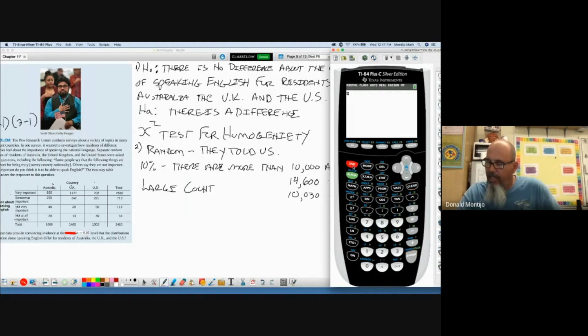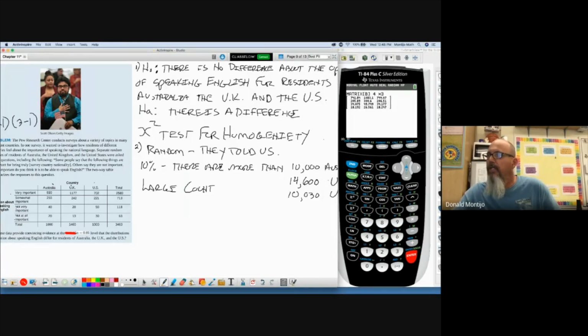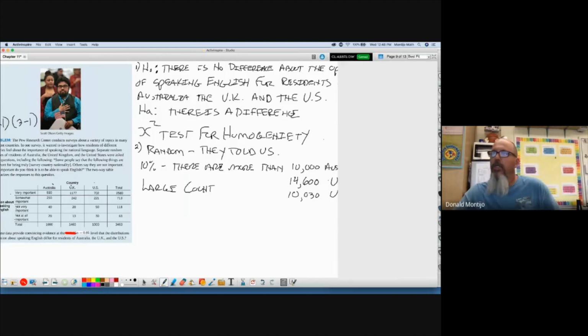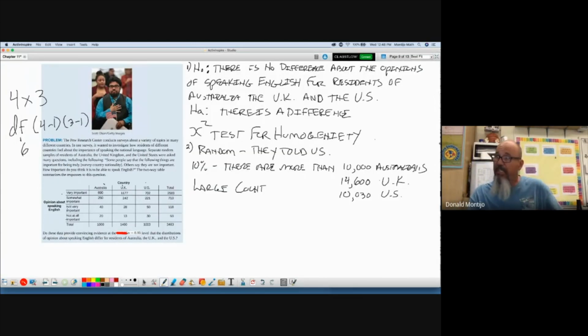So let's go back to matrix, edit, and let's go down to B and hit enter. That's all of my expected counts. Yeah, all of them are much larger than 5. So I'm fine there. So I can proceed now because I know that my large count condition has been satisfied.